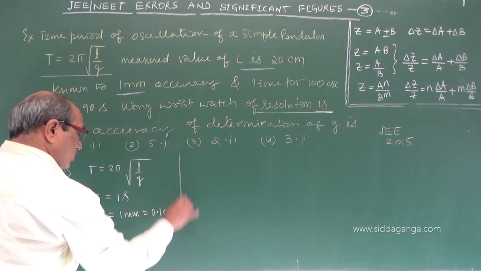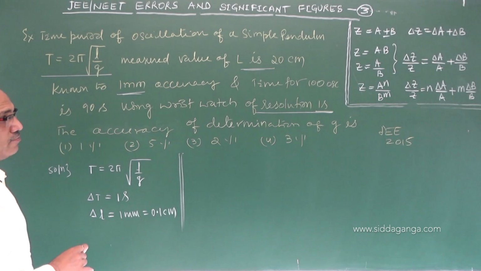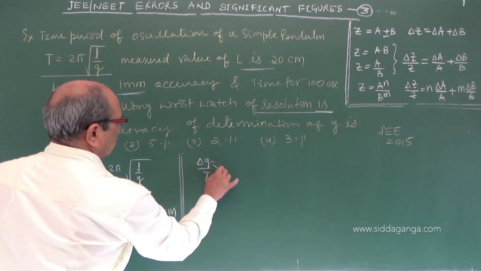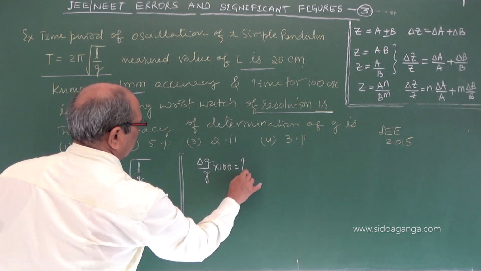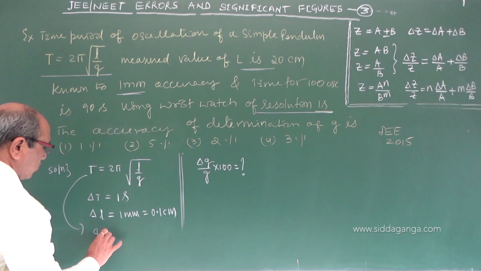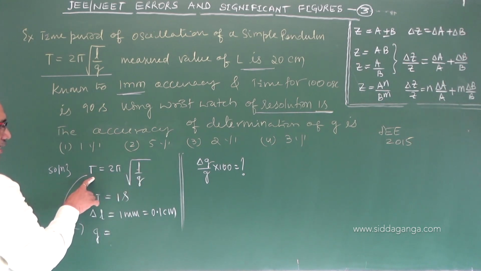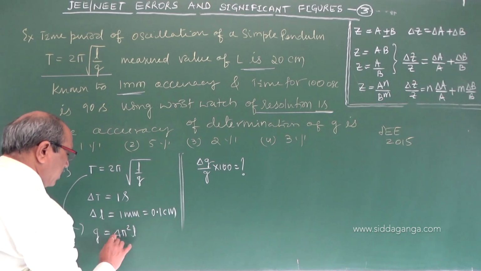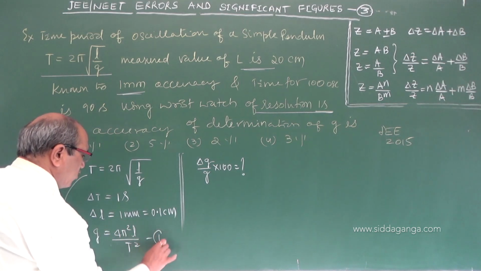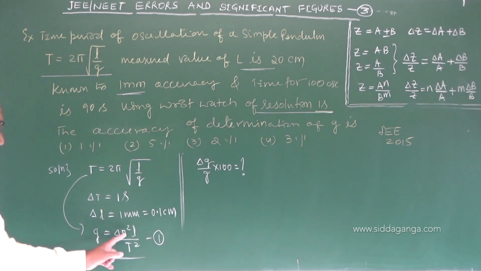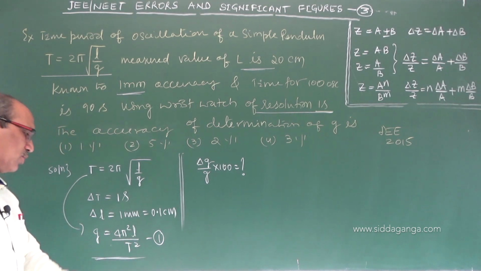With this knowledge, they are asking about g. Here delta g by g into 100 is the quantity. To get that, square both sides and bring this to the other side. 4 pi square L by T square is the formula, g equal to 4 pi square L by T square.